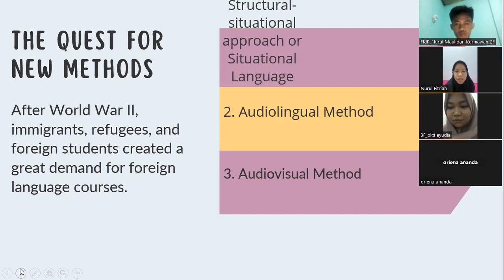In the United States in the 1950s, language teaching was also under the sway of a powerful method, the audiolingual method. Stern described the period from 1958 to 1964 as the golden age of audiolingualism.